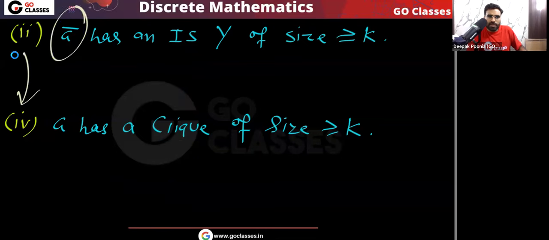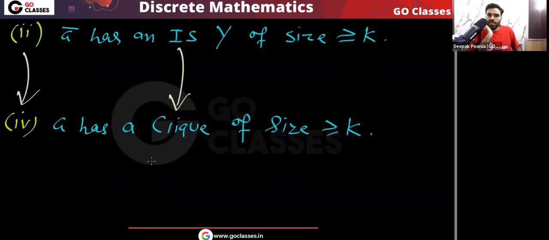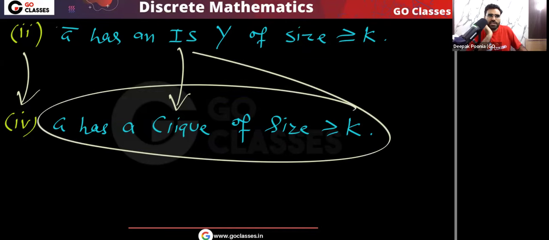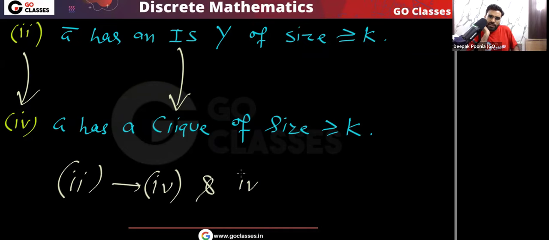Because in G complement, if there is an independent set of size at least k, when you complement the graph, this independent set Y will become a clique in G. So yes, in G there is a clique of size at least k. So the second statement implies the fourth statement, and the fourth implies the second.